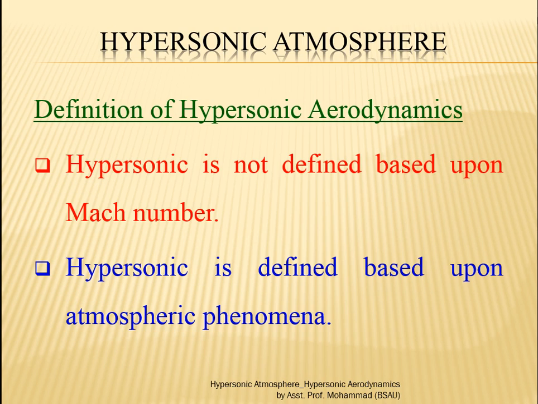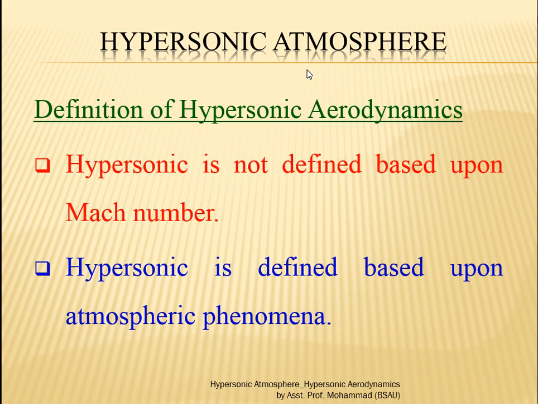Hypersonic is defined based upon atmospheric phenomena. If you remember, this topic is also titled the hypersonic atmosphere. We never talk about subsonic atmosphere or supersonic atmosphere, because Mach number has a strong influence on these phenomena.